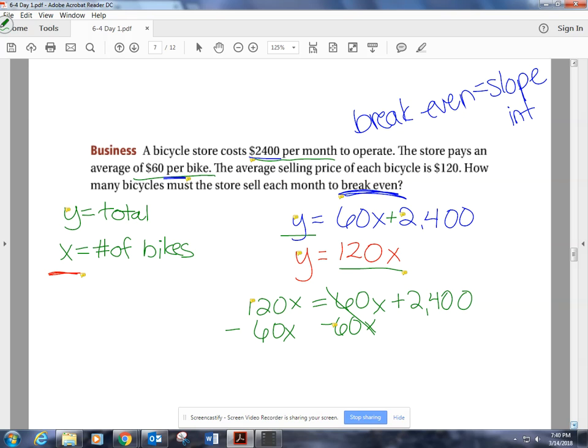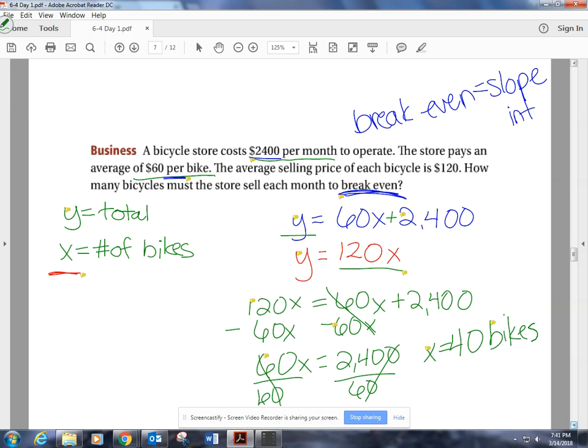From there, we get 60x is equal to 2,400. If I divide by 60 on both sides, 60 cancels out, a 0 cancels out, and 240 divided by 60, x is going to equal 40. X again represented the number of bikes, so we have 40 bikes. 40 bikes are necessary to sell each month for the store to break even. If they want to make money, they'd need to sell more than that.